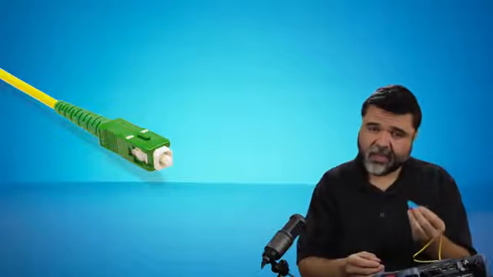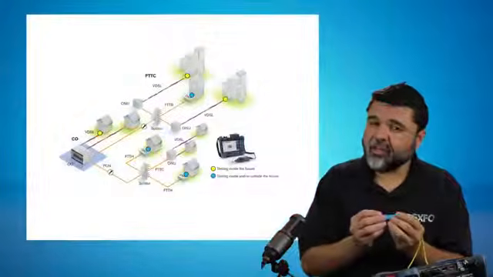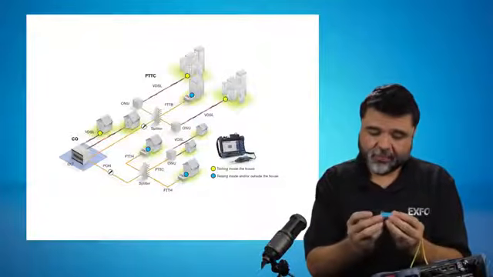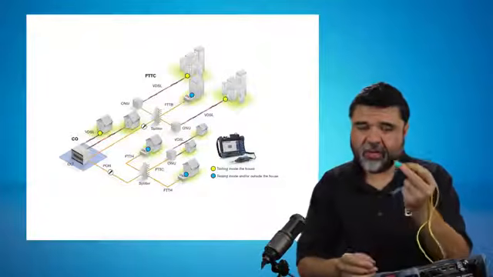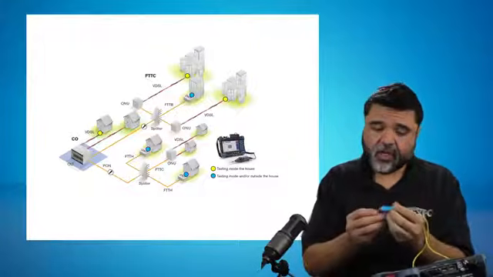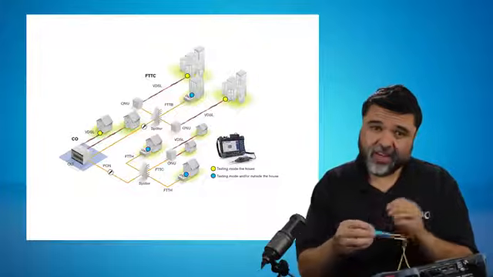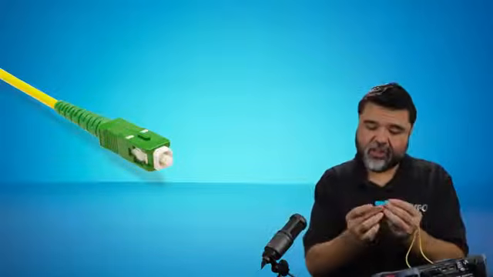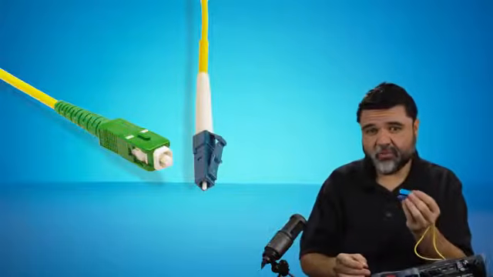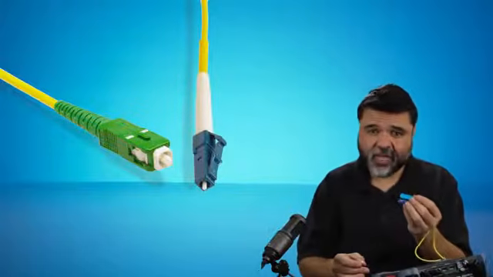So we are now seeing APC connectors being heavily deployed, primarily due to PON, or fiber to the home type of infrastructures. A lot of companies have standardized on APC and Sam Charlie connectors for PON deployments here in the United States. So it is important to understand that there are different types of connectors out there that have different performance values or different performance specifications.